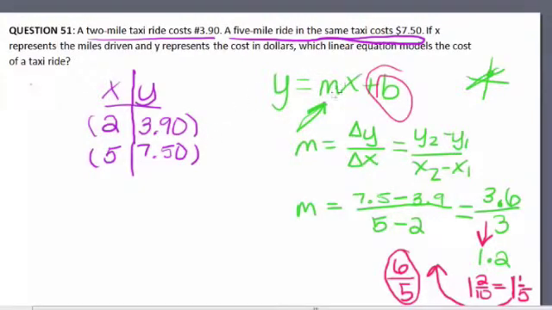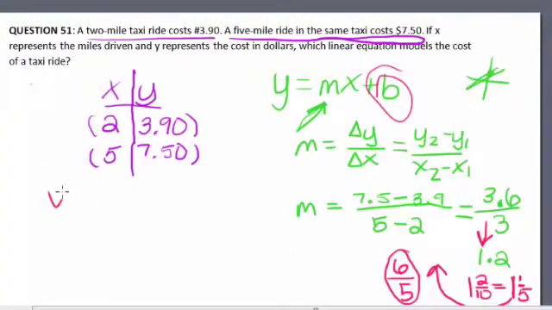And now we know what m is. So we also know m could stand for 6/5, could stand for 1 and 1/5, could also stand for 1 and 2/10. So if I'm going to go back to working with decimals, I'll probably want to put my slope back into a decimal form, but keeping in mind it represents 6/5.